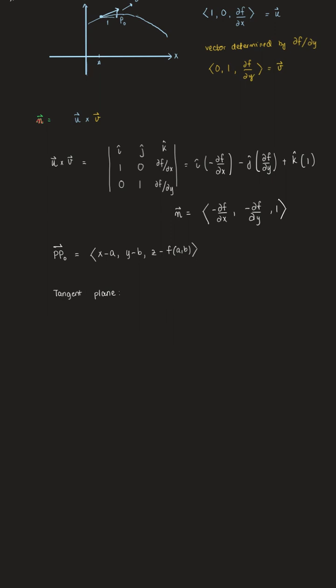All right, we will have the first component of the normal, df dx at a, b, times x minus a, minus df dy at a, b times y minus b, plus 1 times z minus f of a, b.